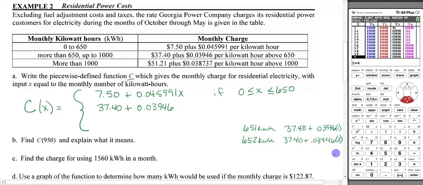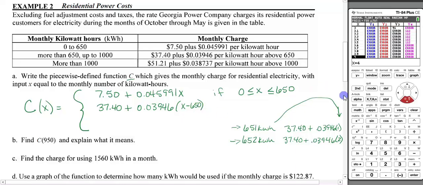Okay, so the pattern is that this is changing based on how much this changes. So how much is this over 650? It'd be the number of hours if it was 651, and then subtract the 650. That gives you just 1 hour to be charged this variable rate, and then add the flat rate. If we had 652 kilowatt hours, then you would subtract the 650.